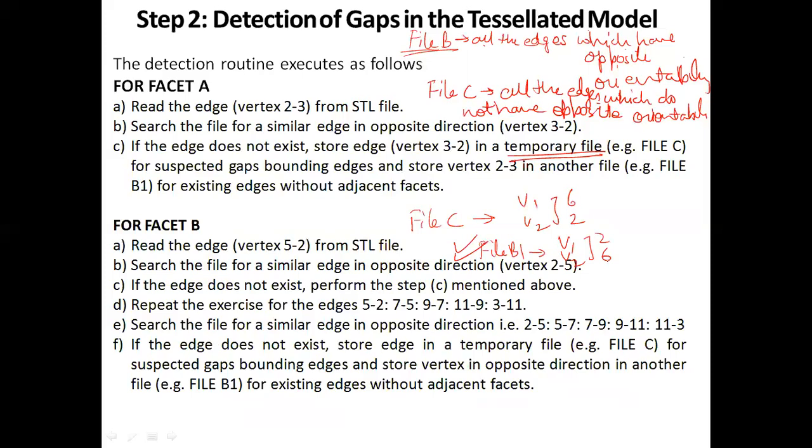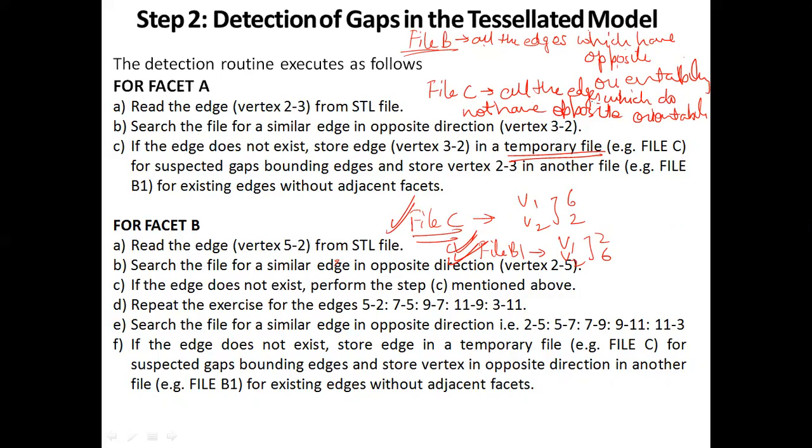So in this way, the complete surface file with each edge, each vertex will be evaluated one by one. There is no set sequence for evaluation. You can evaluate it in any sort of sequence, in random order if you want. But what you need to find out is the information that needs to be stored in file C and the information that needs to be stored in file B1. So what is file C? Again, I'll repeat.